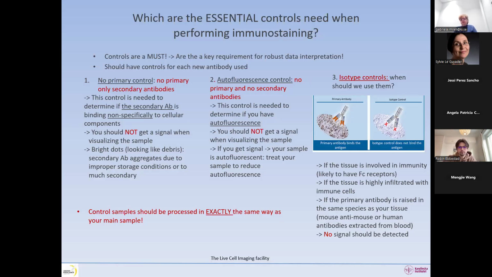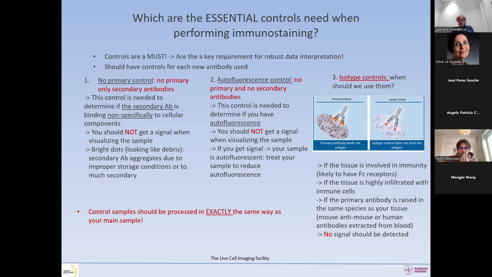If the tissue is involved in immunity, which means that it might have Fc cells that present the Fc receptors, or if the tissue is infiltrated with immune cells, or if your primary antibody is raised within the same species as your tissues.